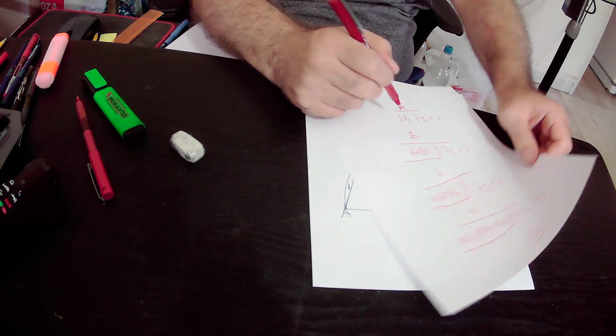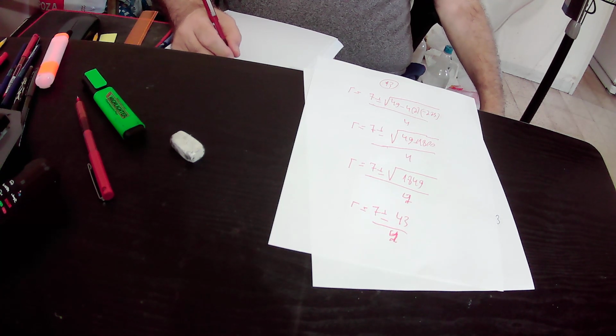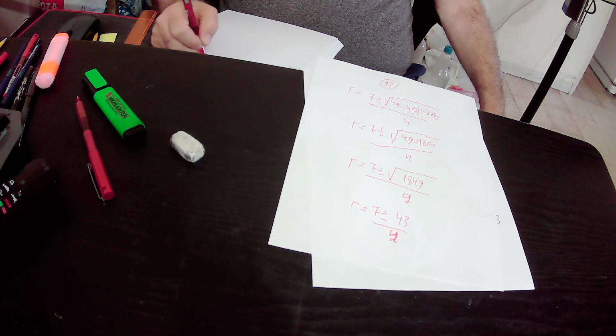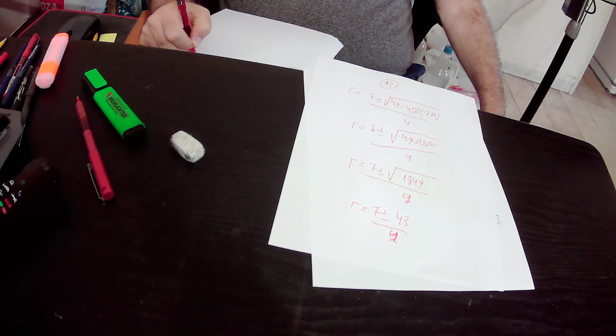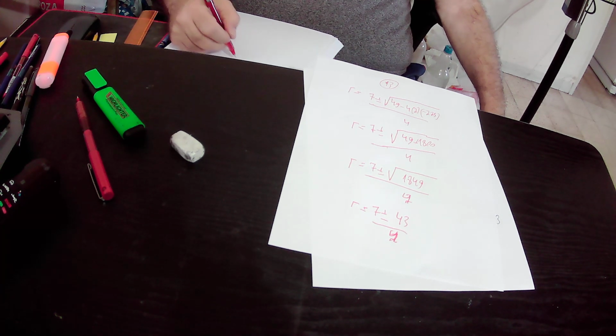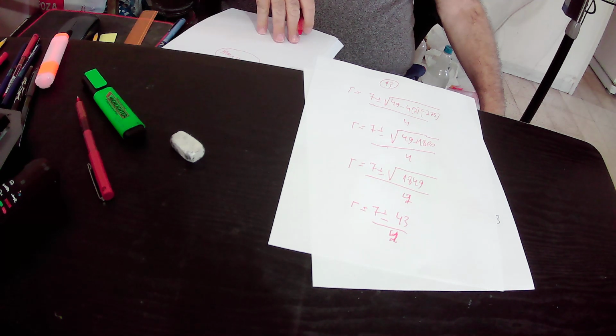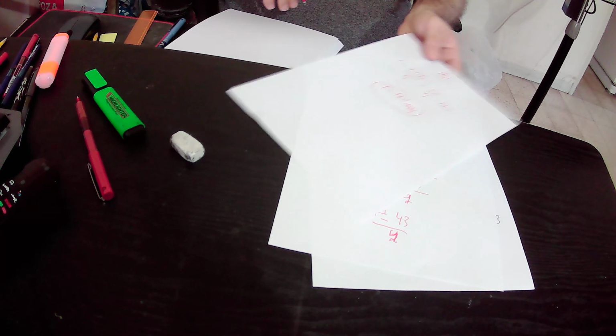Okay, we divide it by 4 and not by 2, so it is 7 plus 43 over 4. 7 plus 43 is 50, and 50 over 4 is 12.5. So the first solution is that the radius equals 12.5 units. The first solution to the quadratic equation is that the radius of the semicircle equals 12.5 units.